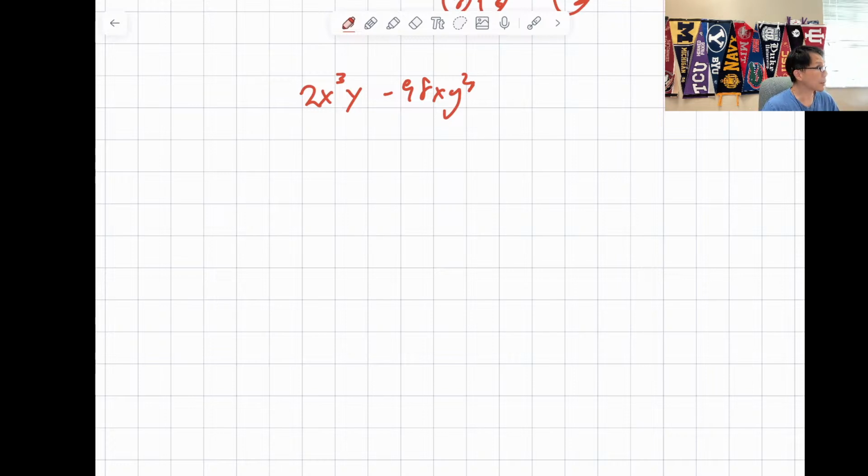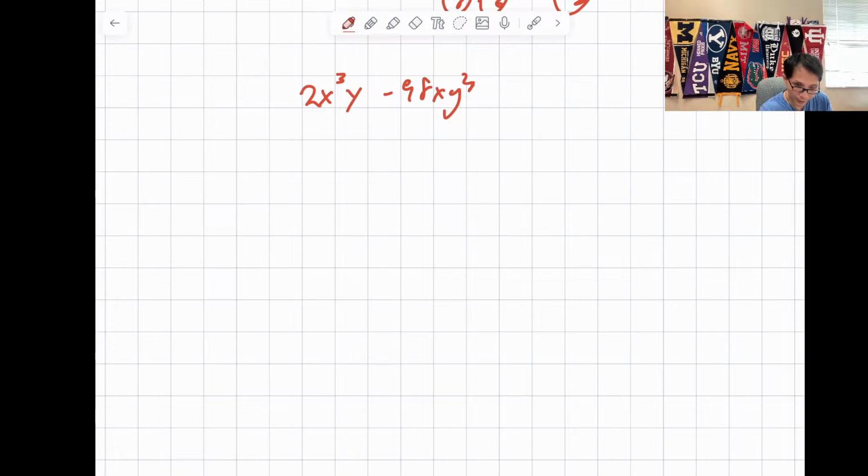Okay, so how many of you factored it? How many of you don't know how to factor? Okay, Janisha, I'm going to start with you. Let's start with GCF. What do you see as the GCF here? Perfect.